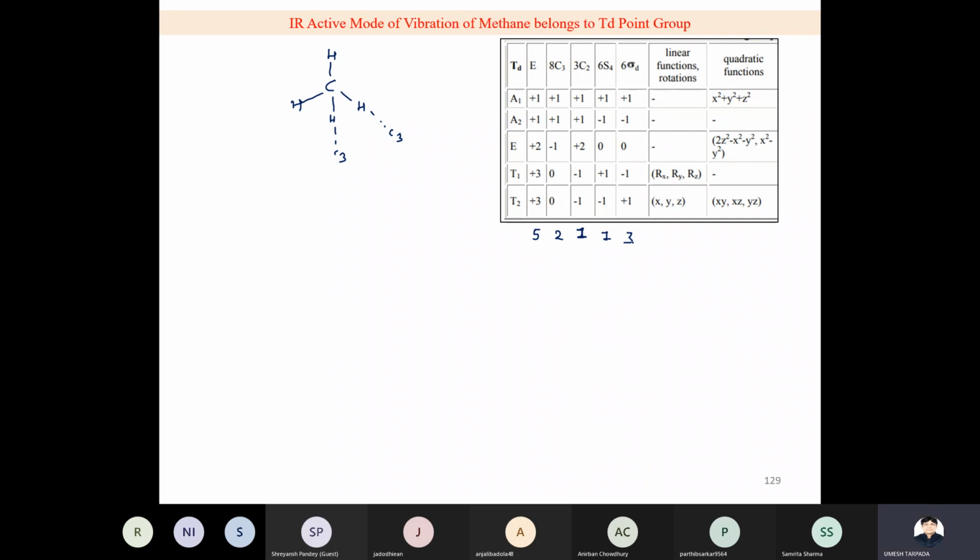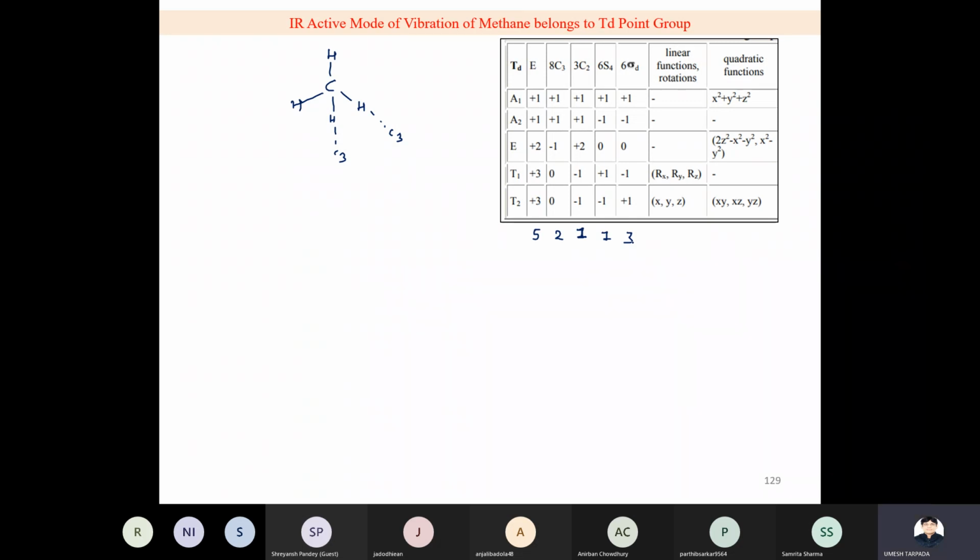So in this way you can write down the unshifted atoms, and after that you go for writing the trace. That is, XYZ is there. So which representation has the XYZ value? Only T2 is there. In this case there is no other XYZ, so you can take T2.